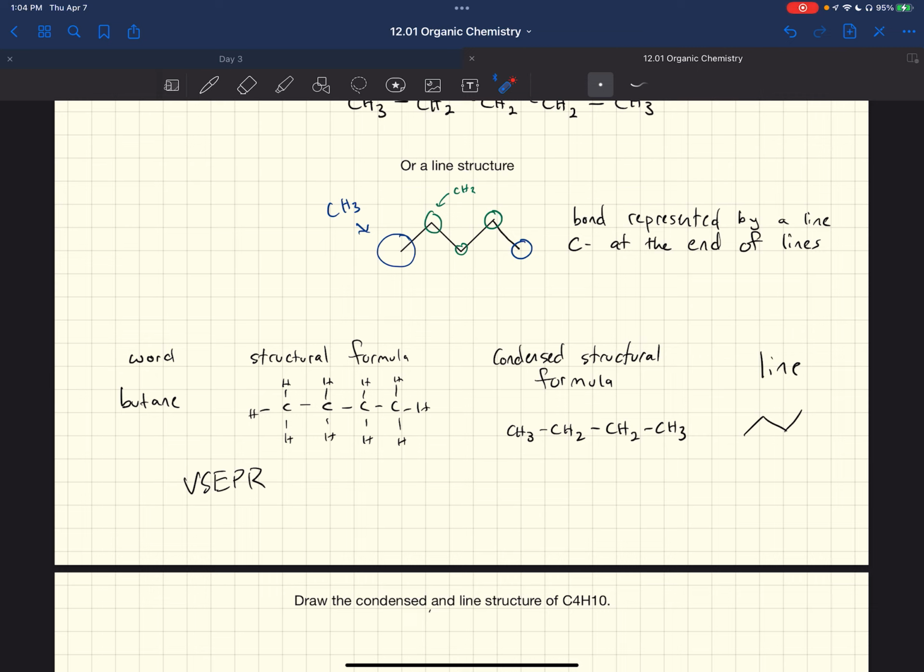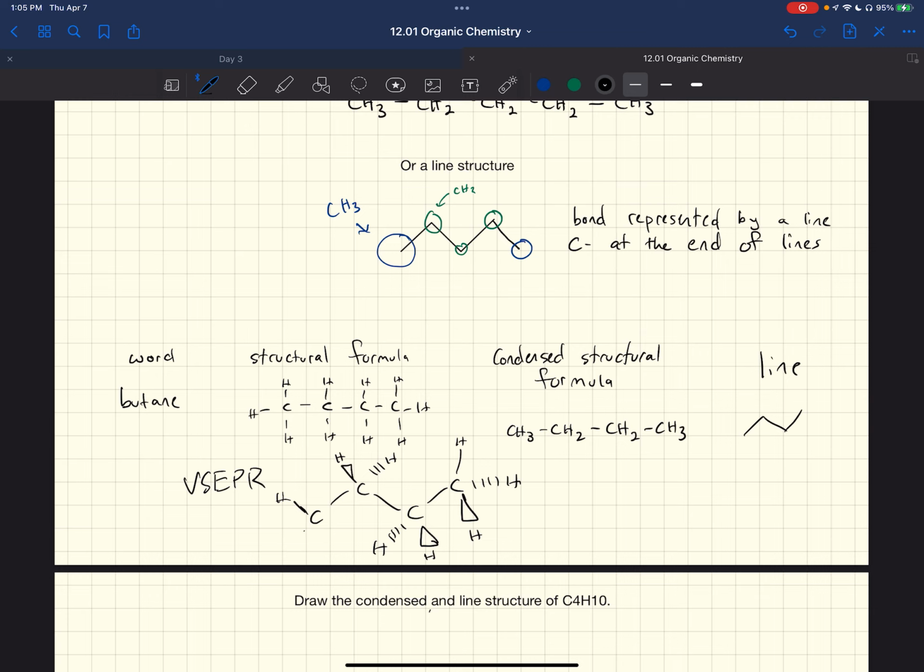And all of these carbons have just four bonds attached to them. So they're all tetrahedral. So this Vesper geometry is the best one we have, right? This is the most realistic.